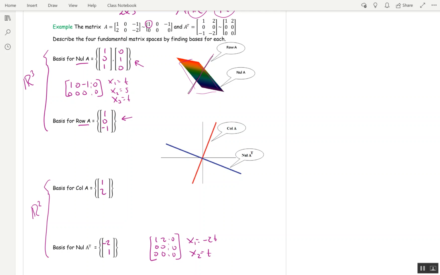So col A is a line in R2, and so is null A transpose. And those two lines are actually perpendicular. If you look at the dot product between 1, 2 and negative 2, 1, you get 0. But again, that's a preview of what's to come. So that does it for this section.